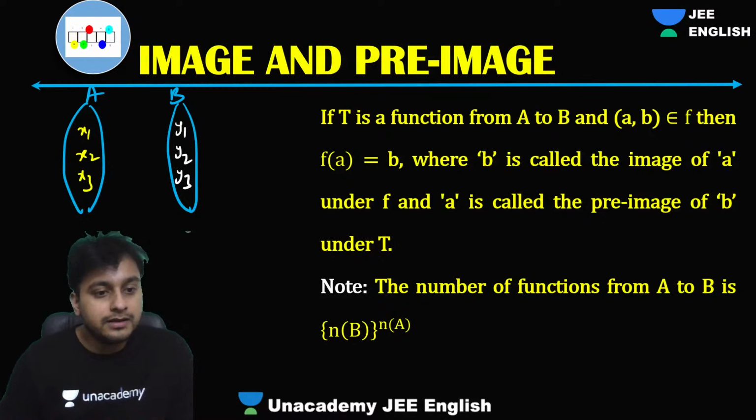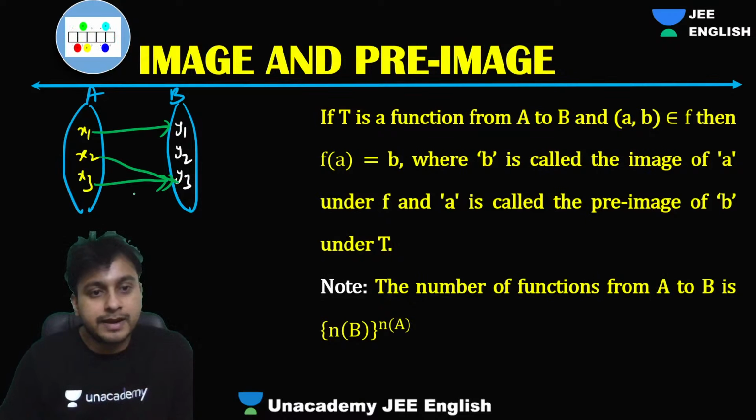If you map from here to here, we have this, then this, and let's suppose x3 is also mapped with y3.